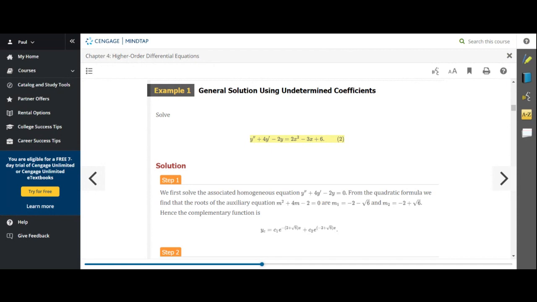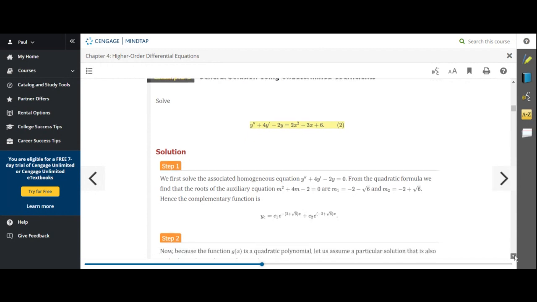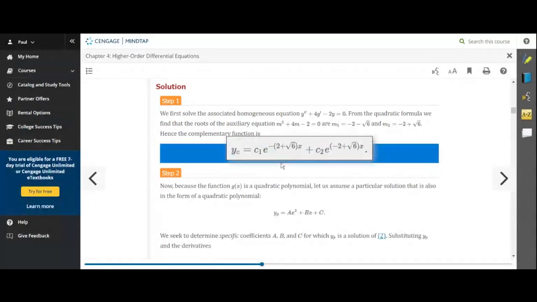So we have to get the auxiliary equation for the homogeneous differential equation. This is the auxiliary equation right here. And based on that, by finding the roots, the complementary function of the differential equation is right here.